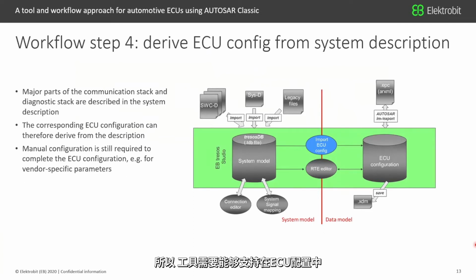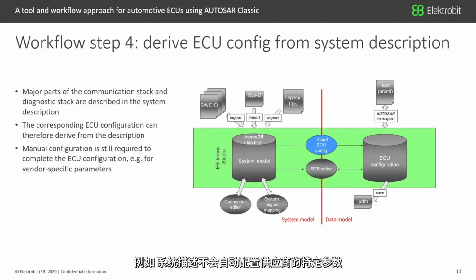So it's very important that the tooling supports a translation in the language like it was defined by the AUTOSAR system template into the ECU configuration. Of course, there's still a part which needs manual configuration that is still required to complete the ECU configuration.